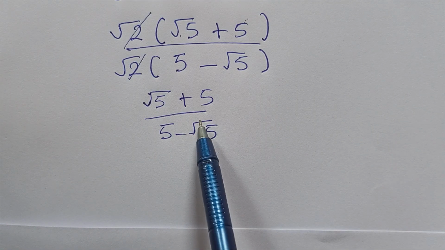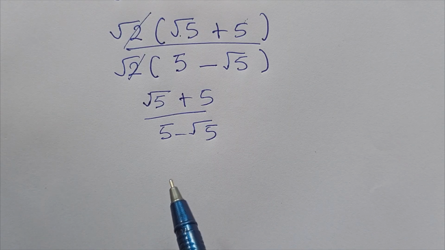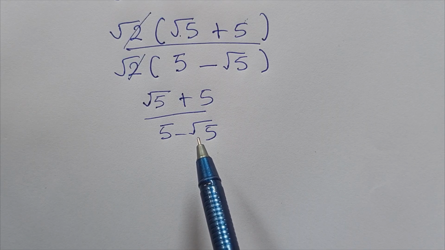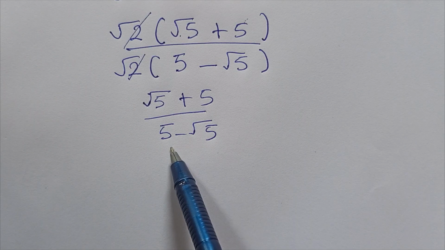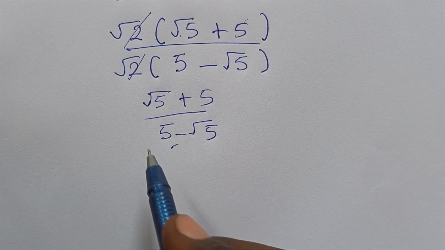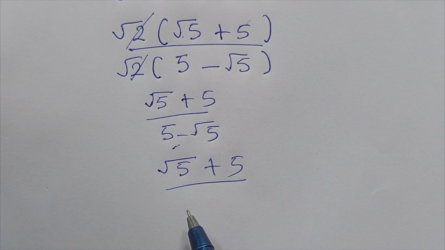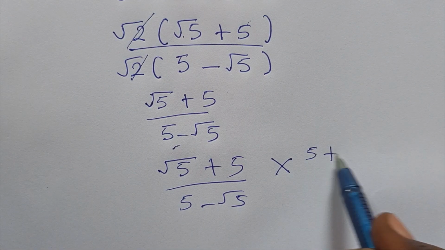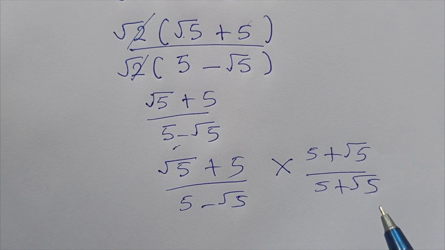But we have not finished our solution, because you actually have to simplify it further by finding the conjugate of this surd, that is by multiplying it by the conjugate. So root 5 plus 5 over 5 minus root 5 times the conjugate of this surd, which is 5 plus root 5 over 5 plus root 5.